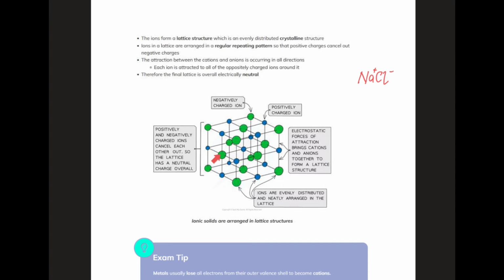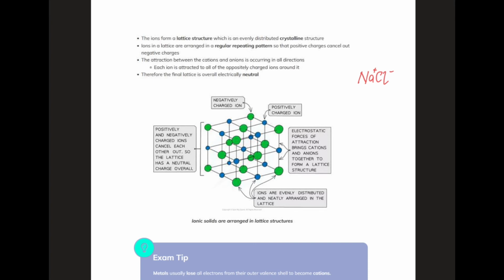Likewise, for chloride, there are 6 sodium ions forming ionic bonds with it, on the right, left, front, back, up and down.